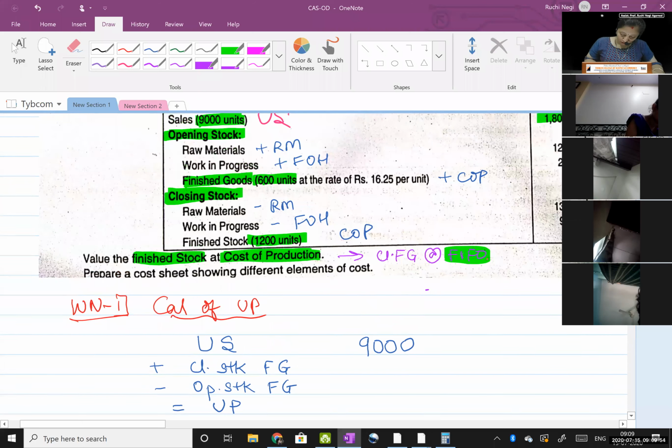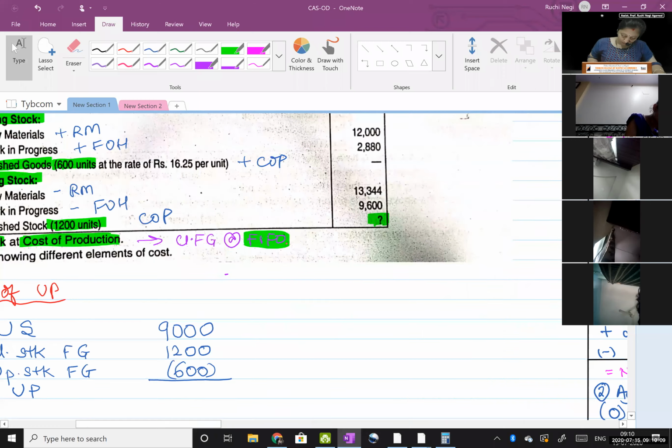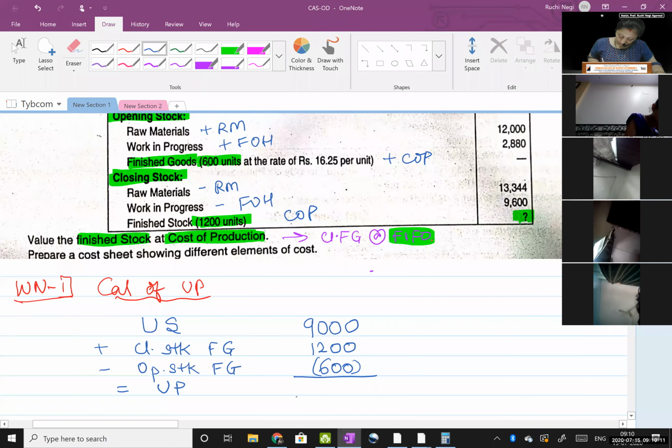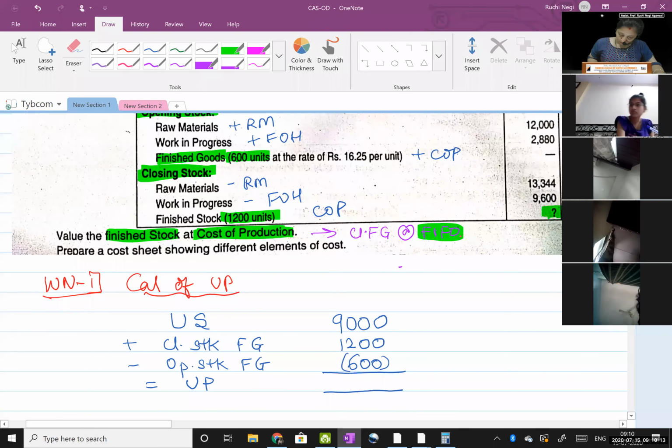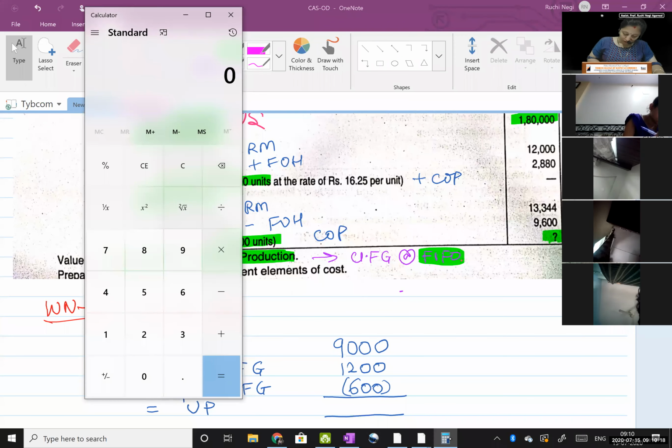Look into the question, it is also here, 9,000. Closing stock of finished goods, 1,200. Opening stock of finished goods, 600. Calculate: 10,200 minus 600. So my answer is 9,600.